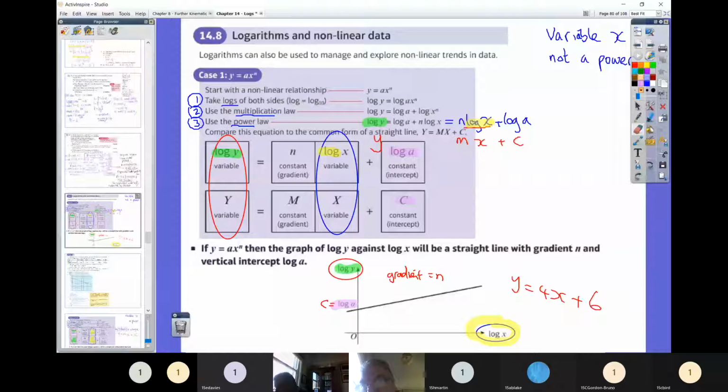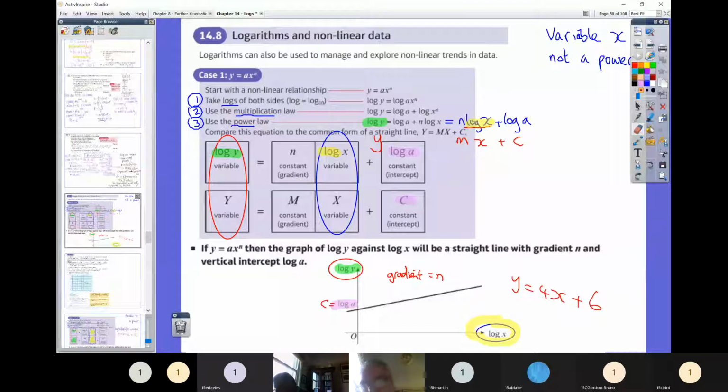Log x is our x-axis. So note the bits I have fluorescent penned in yellow. Okay, so our x-axis is log x. And following the fact that it's y equals mx plus c, our intercept on the y-axis is the bit that I've highlighted in pinky purple.